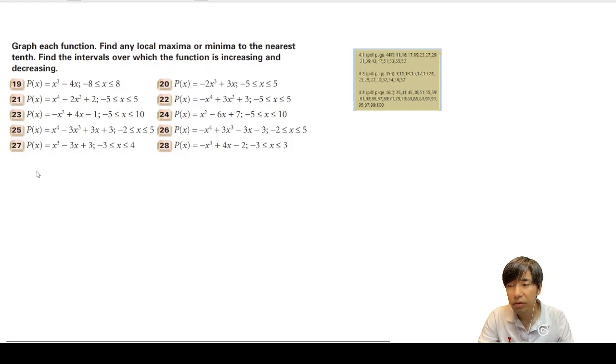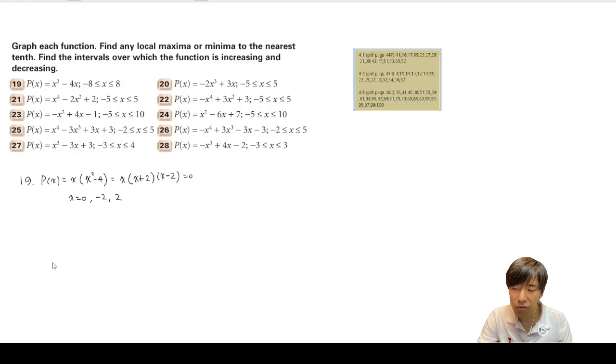So for 19, you can factor out x first. Then you have x squared minus 4 remaining here, and you can further factor this to x times x plus 2 times x minus 2. So the x-intercepts are, when you set everything equal to 0, x equals 0, negative 2, and 2.